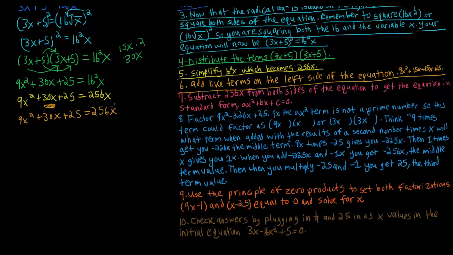Now for step 7, we want to subtract 256x from both sides of the equation to get the equation in standard form: ax squared plus bx plus c equals 0.